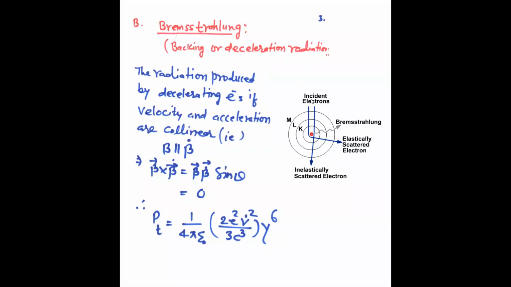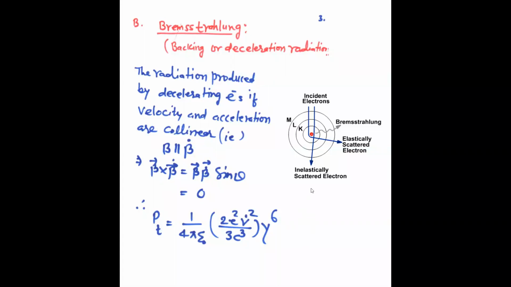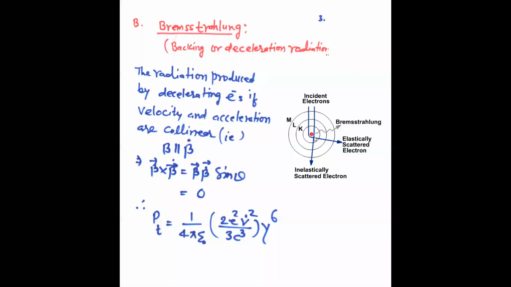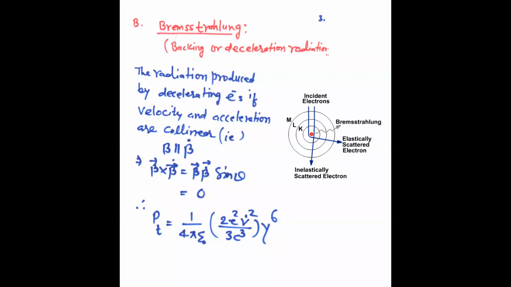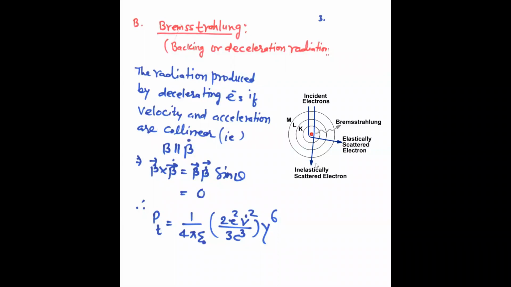Suppose there is one electron which is incident on an atom, and suppose the scattering is elastic. In elastic scattering there is no energy loss, so there will be no energy exchange. The incident electron will not exchange energy with the atom, and it will pass through the atom. That is, the energy remains conserved here.